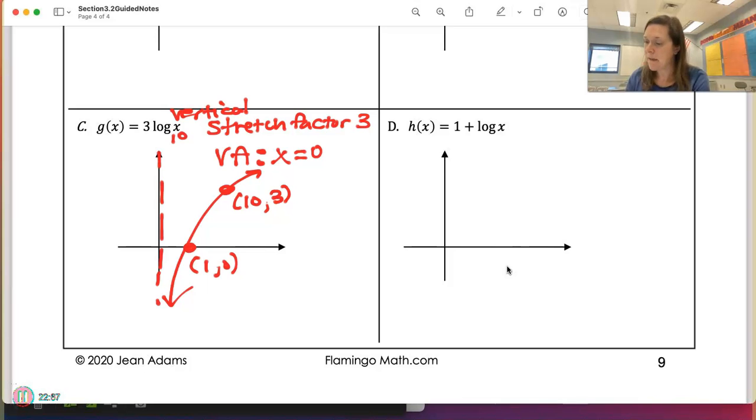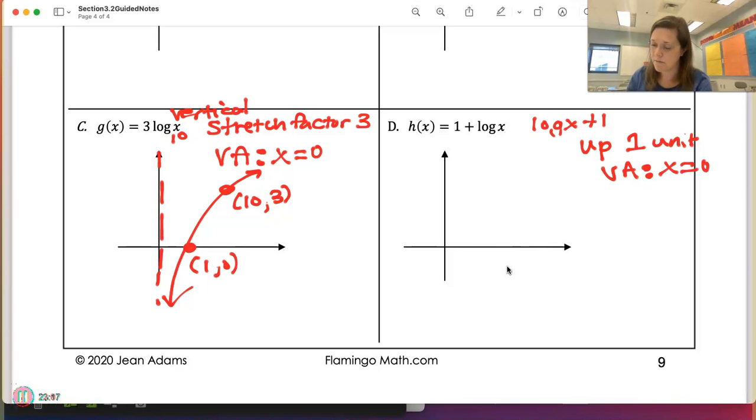Okay, and the last one, we've got 1 plus the log of x, which is the same as the log of x plus 1. That's just going to move us up 1 unit, and my vertical asymptote is still at x equals 0. So instead of (1, 0), we're going to be at (1, 1), and it's going to look something like that.